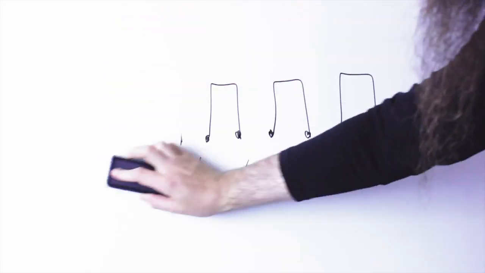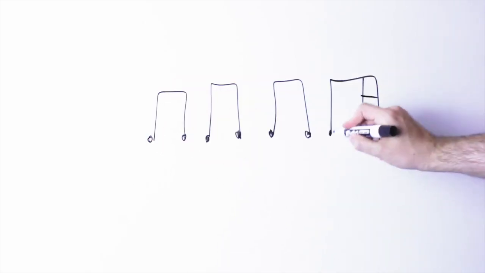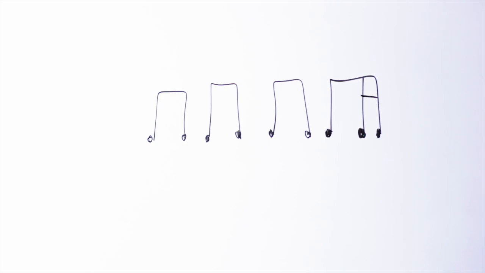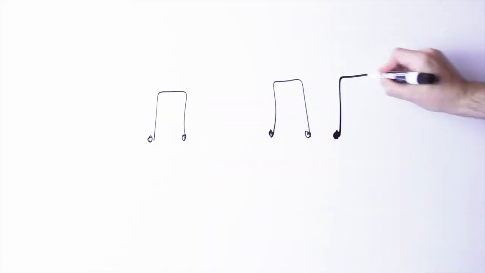So I could rewrite this riff by changing the order of those rhythmic units this way. And it will sound this way. But I could also change the order in this other way.